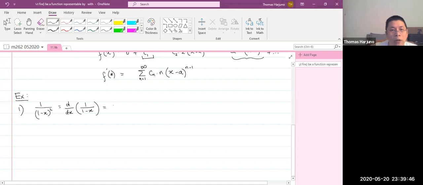Therefore, this is the derivative of the power series representation also, from n equals 0 to infinity, which equals the summation of the derivative of x to the n with respect to x, from n equals 0 to infinity.